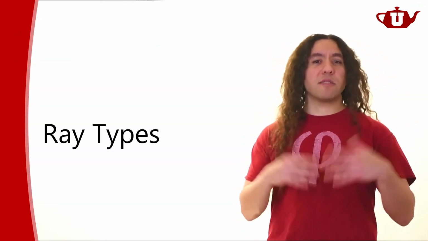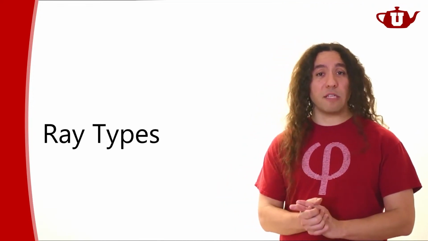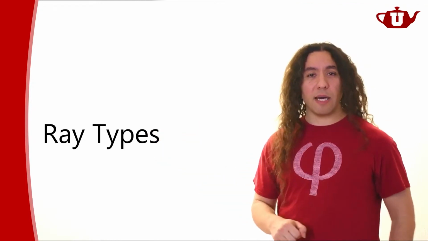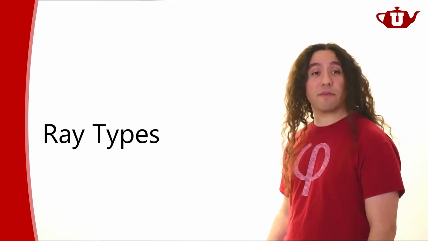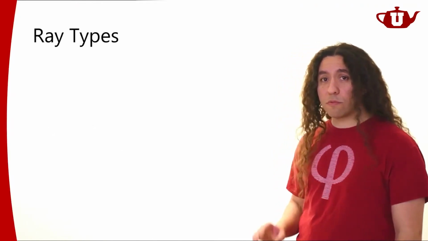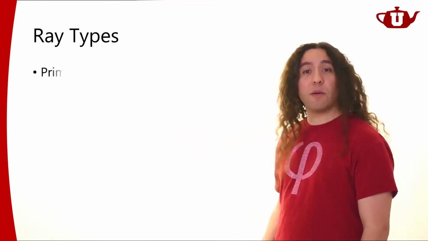All right, so we talked about reflections, refractions, and shadows in the context of ray tracing, and I want to conclude today's lecture by talking about different ray types. Now that we've seen all these different rays, I just want to emphasize the differences between these different types of rays. So, what are the types of rays that we have? Well, we have primary rays.